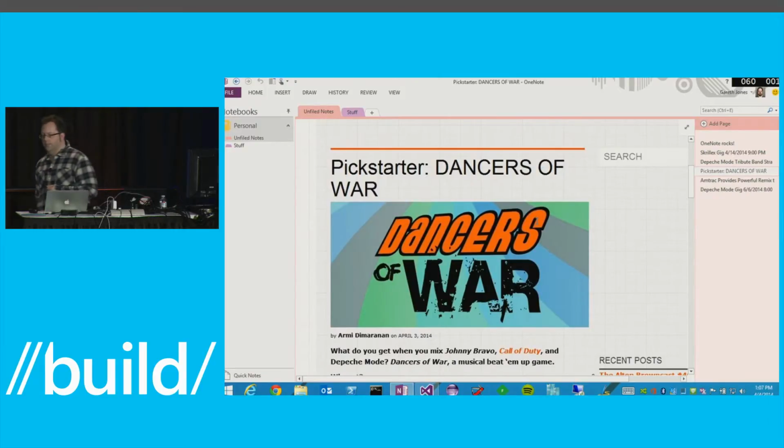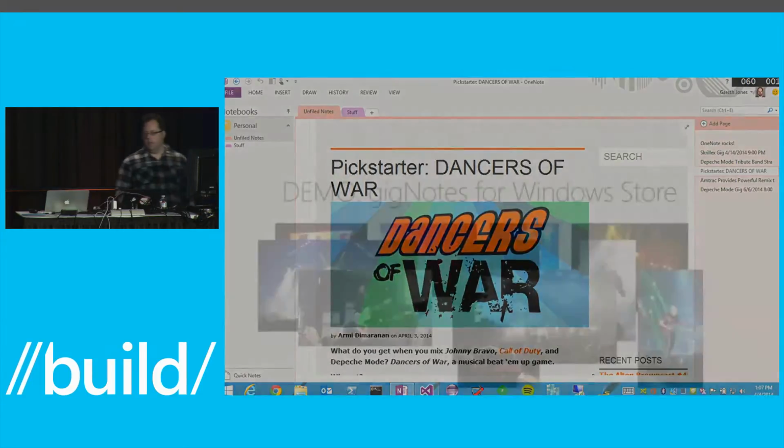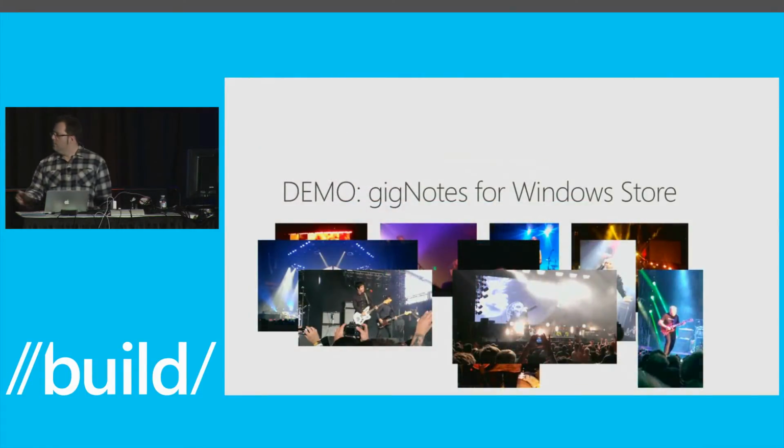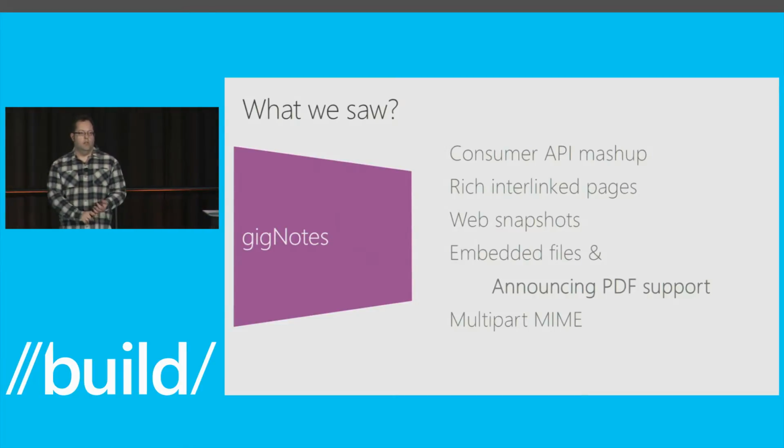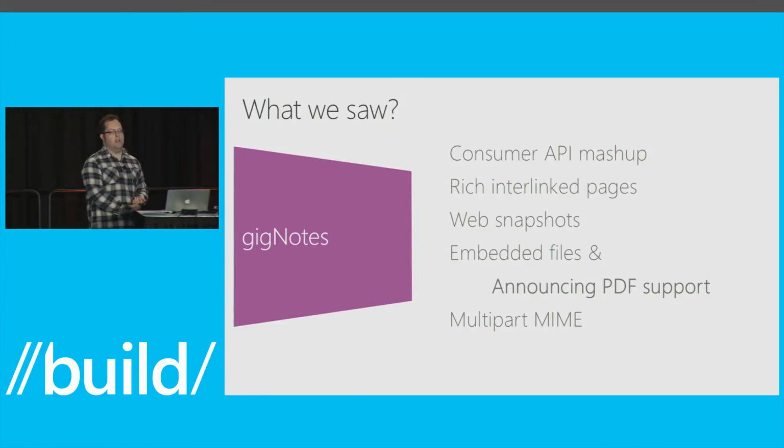Okay, so what do we see there? We clearly saw a mashup of a whole bunch of consumer APIs. OneDrive, OneNote, Bing Maps, third-party services. Sky's your limit, really. That's really been a kind of transformative thing for me over the last, I don't know, maybe 18 months.